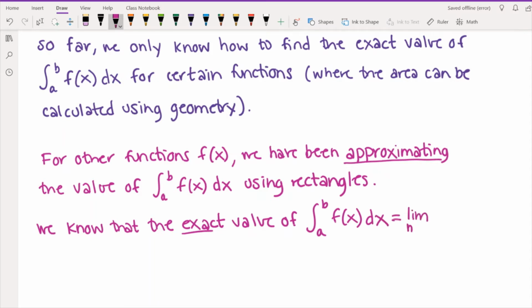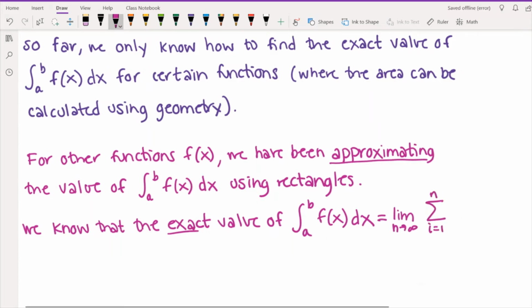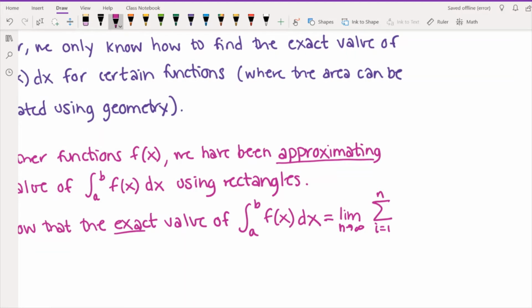So if you take the limit as n approaches infinity of a sum, I'll write it down and then remind you what each piece of this means. Basically, this part in here is the area of each rectangle, right? Because xi represents x1 and then x2 and x3. So you're plugging in different x values within different rectangles. And when you plug those in, that gives you the height of the rectangle, and then delta x is the width of the rectangle. So f of xi times delta x is just the area of each rectangle.